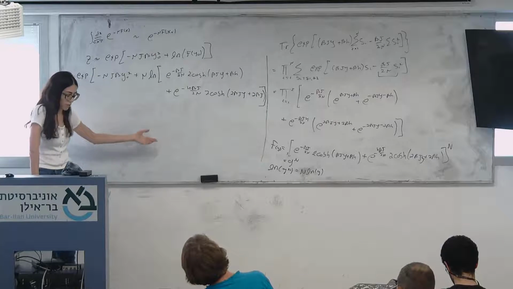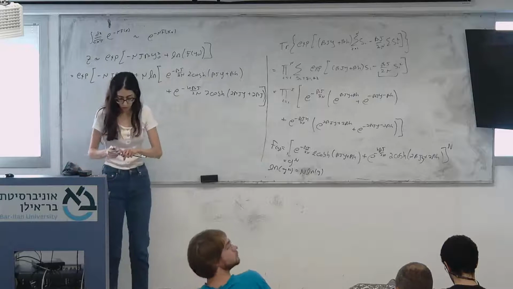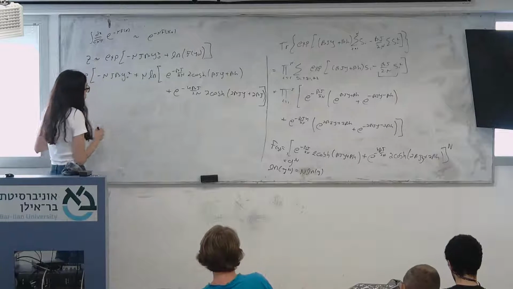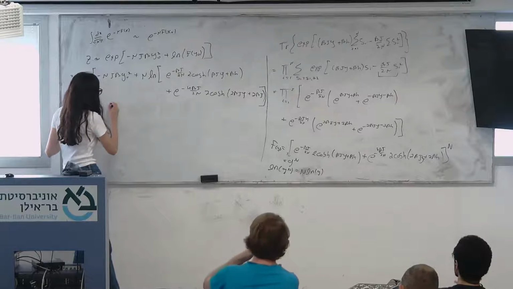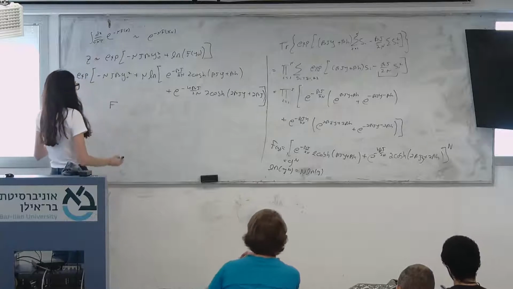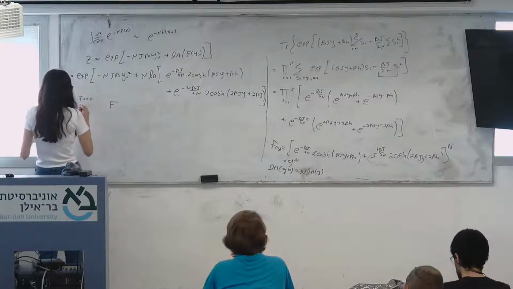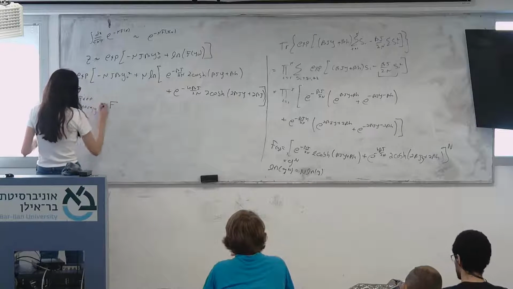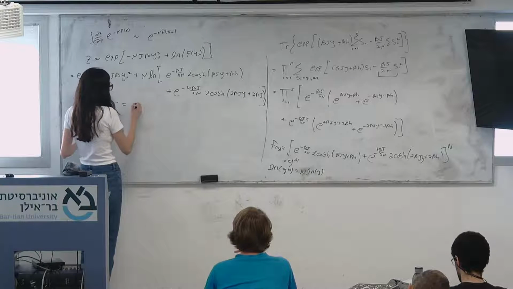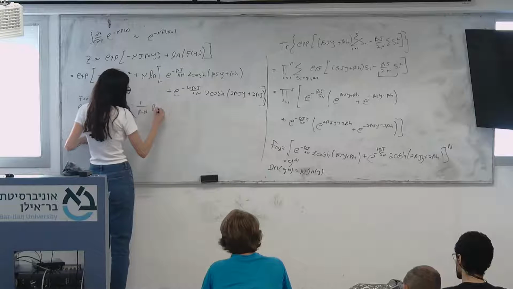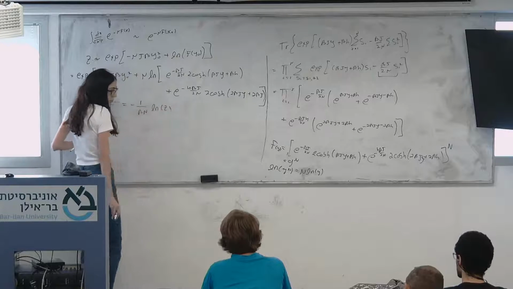So how do you find the free energy? So there is the formula for the free energy, it is also F. So you write your free energy, so you're not confused with the rest of the F. So the free energy is defined by -1 over beta n ln of z.